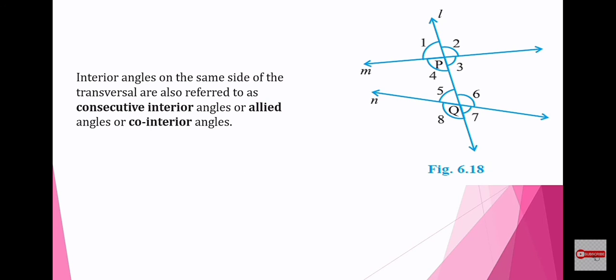Now, interior angles on the same side of the transversal are also known as consecutive interior angles, allied angles or co-interior angles. So, they have three other names also. All these refer to the same pair of angles.